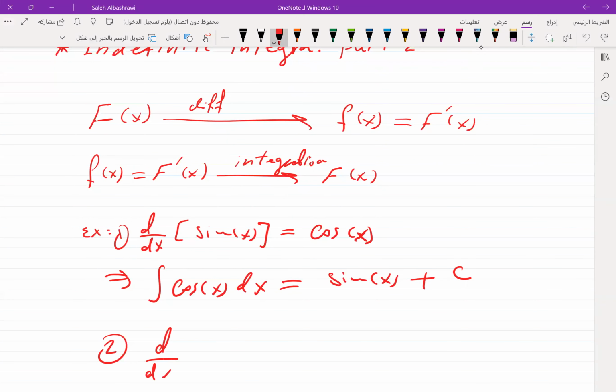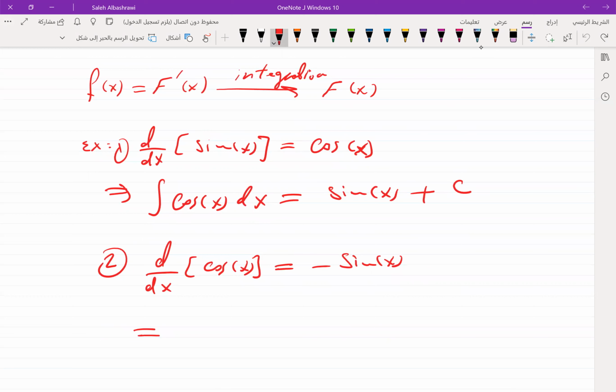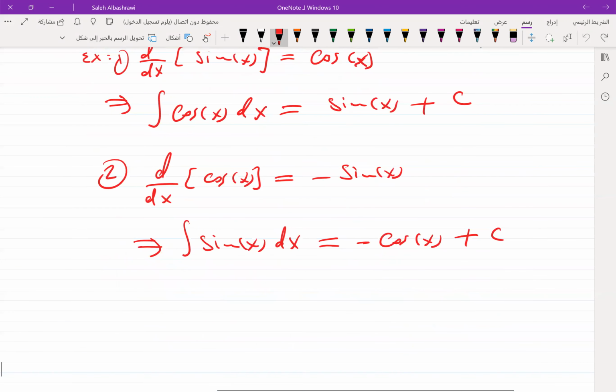We also know that the derivative of cosine x is equal to minus sine x, which means the integration of sine x dx equals minus cosine x plus some constant c. Using these facts, let's try to find some integrations.